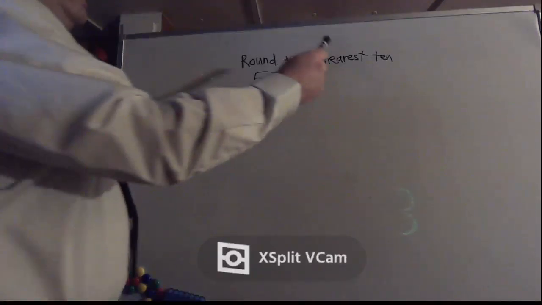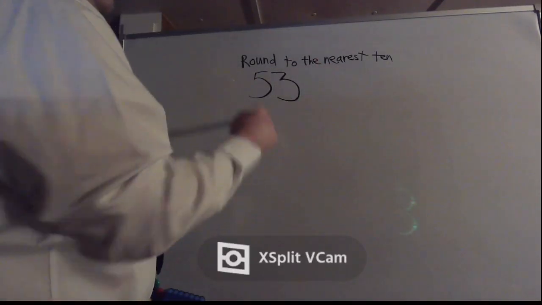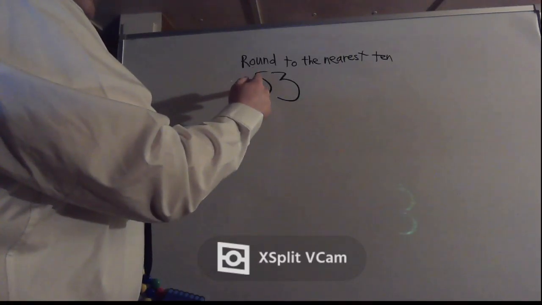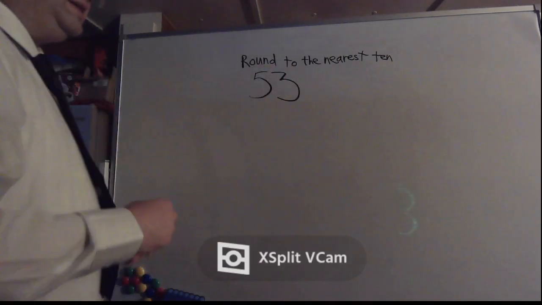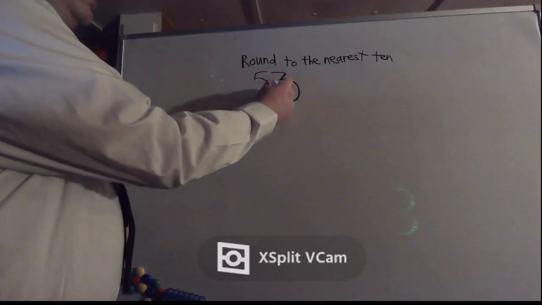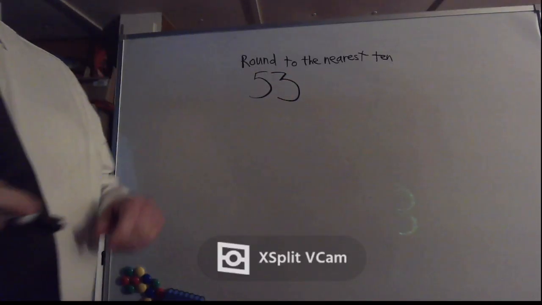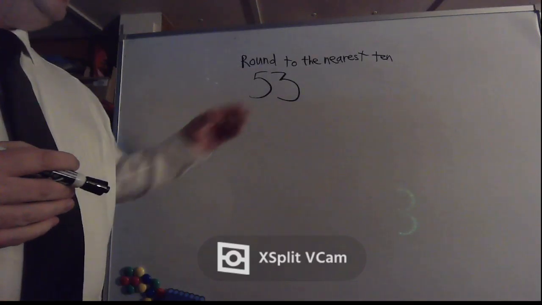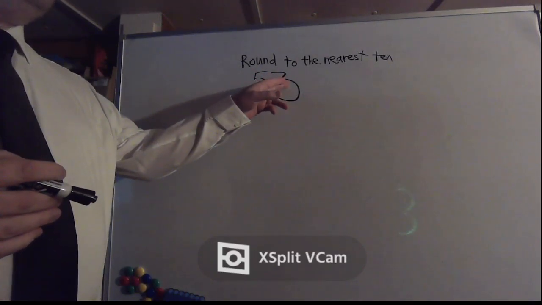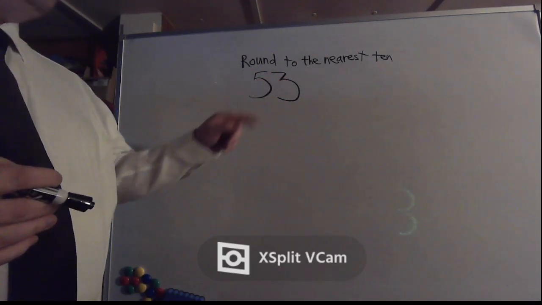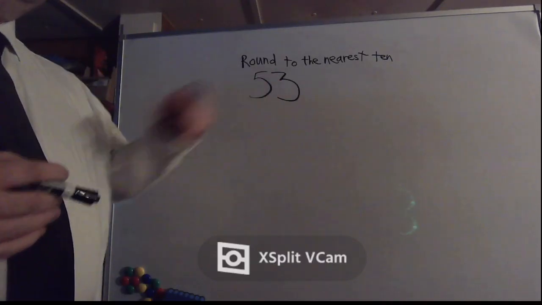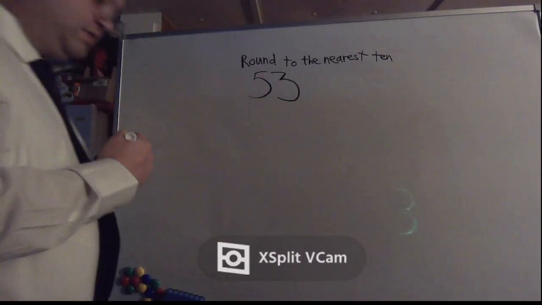If it's being rounded to the nearest 10, I need to go to the tens place. I start with the tens place and I look at the digit in the ones place. I see the digit in the ones place is a 3. Since it's 4 or less, you're going to round down.